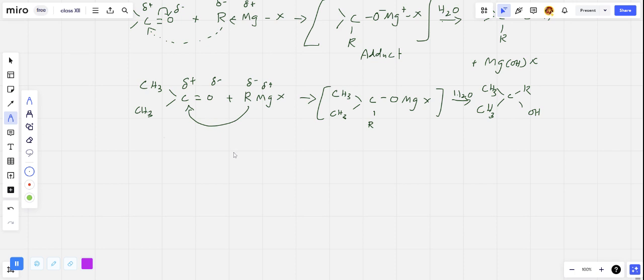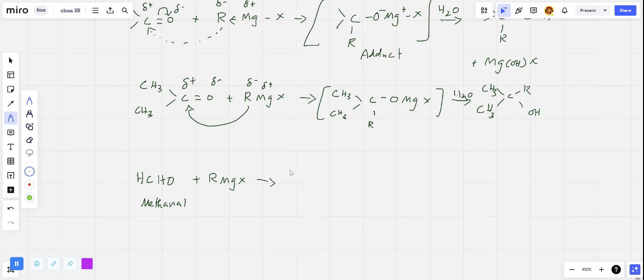Now in the overall reactions, if you are using different aldehydes and different ketones, we can get alcohols of different degree. Suppose you are using methanal, that means one carbon. When it reacts with Grignard reagent RMgX, it forms a primary alcohol.